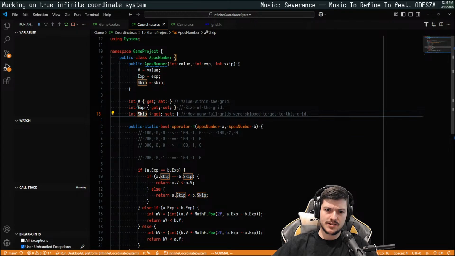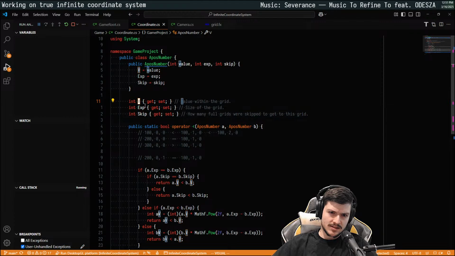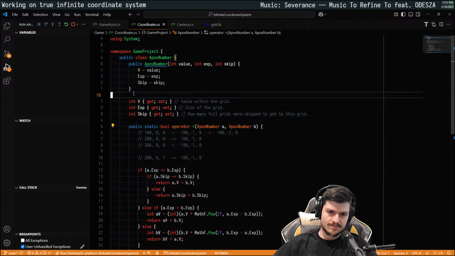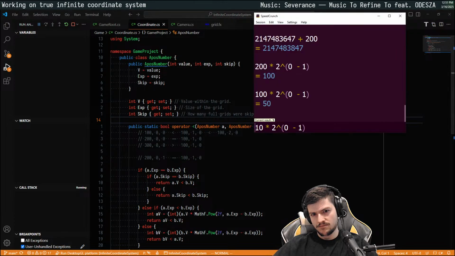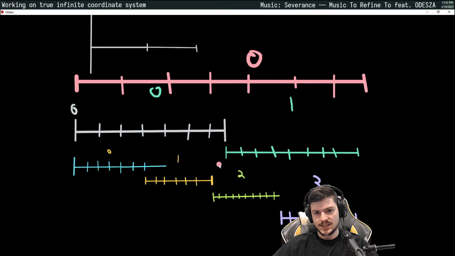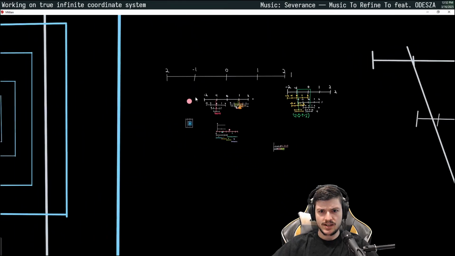The skip is similar to this V. It's like a number that's really far away.